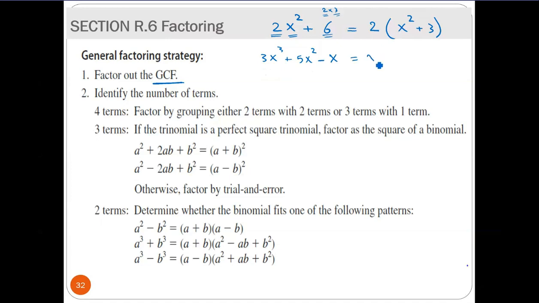So we have x, so we have 3x squared plus 5x minus 1. If you take the x as common factor, so still 1 the coefficient. Okay, Rawan, the coefficient of x 1, negative 1, so put it negative 1.